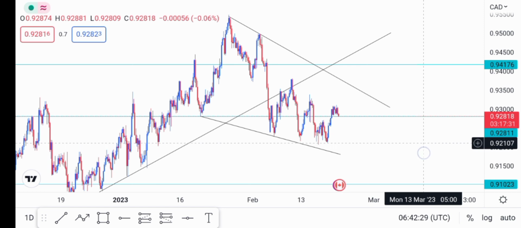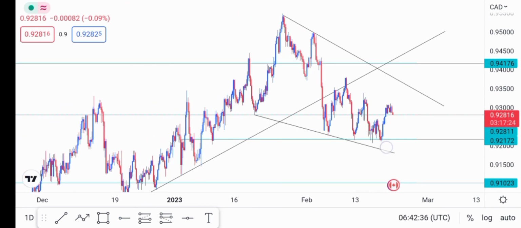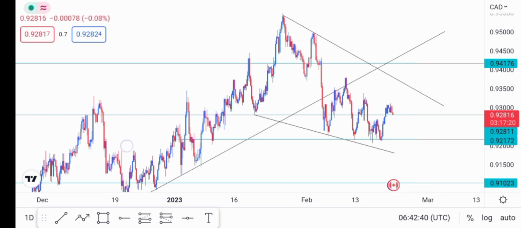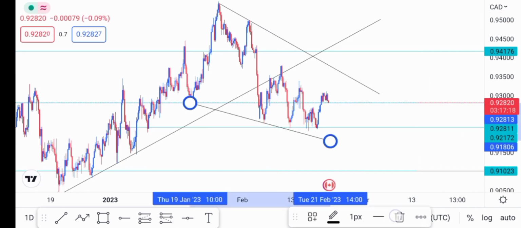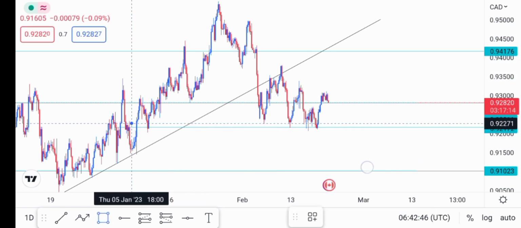But if you draw something like that, you start seeing other levels that are on the lower time frames. It's quite good for you to draw some trend lines because you'll spot many things. So let me remove them for now. Okay, we spotted another line. Let me create it as a zone. This one.